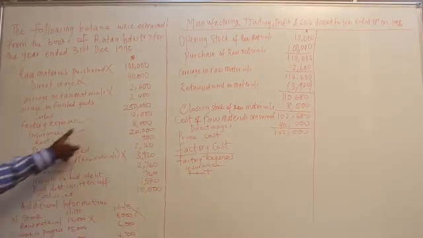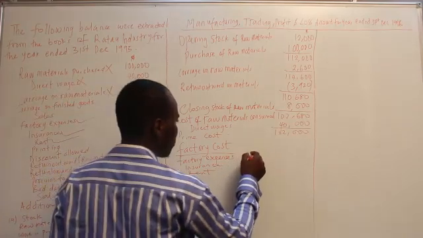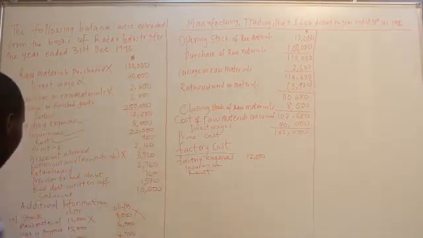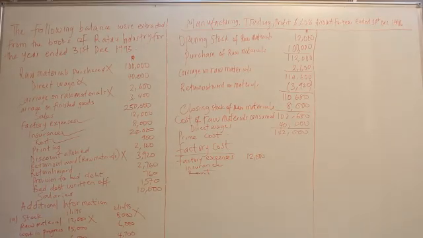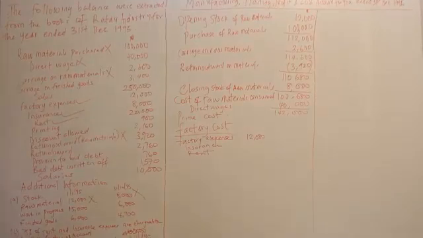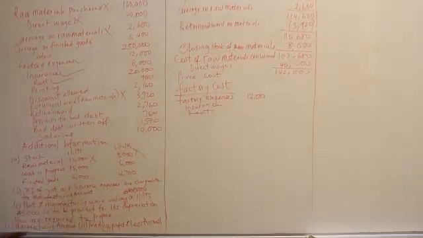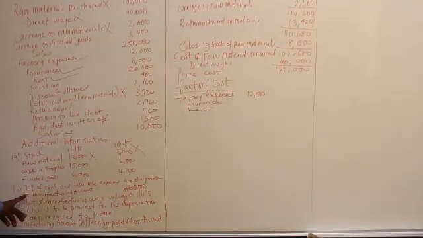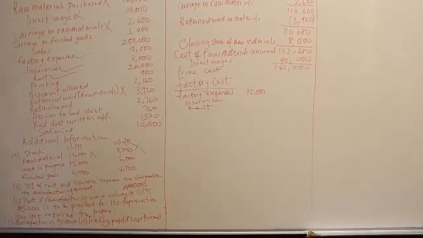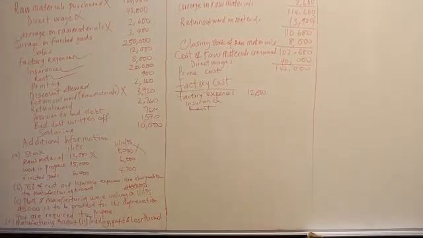So factory expenses is actually 12,000. And we were told that 75% of rent and insurance expenses are chargeable to the manufacturing account.